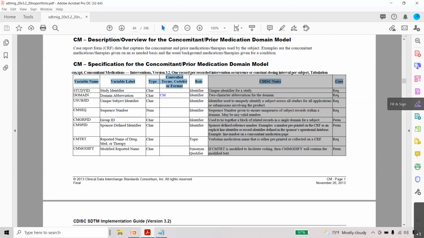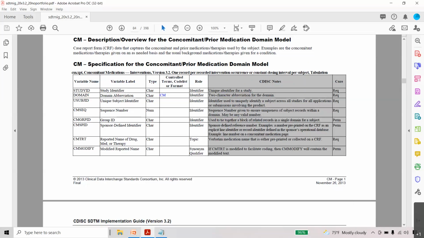SDTM variables are classified by role into 5 types: identifier variables, topic variables, timing variables, qualifier variables, and rule variables. Again, the qualifier variables are classified into 5 categories: grouping qualifiers, result qualifiers, synonym qualifiers, record qualifiers, and variable qualifiers.